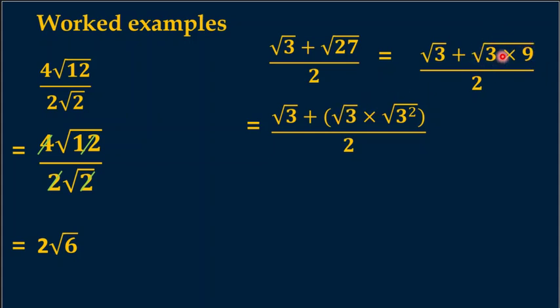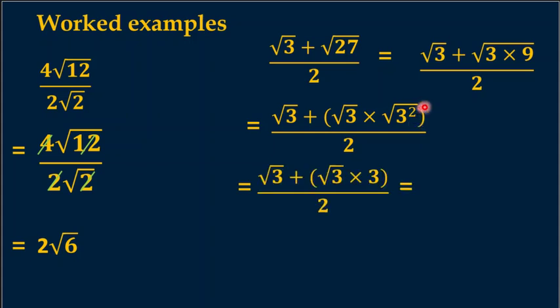So the square root of 3 is this, and then the square root of 9, we rewrite it as 3 squared, and that is what we have here. And so all of this expression is what we have here. We've just taken the 9 and represented it as 3 squared. Good. Now from here, we know that the square root of 3 squared becomes 3, right?